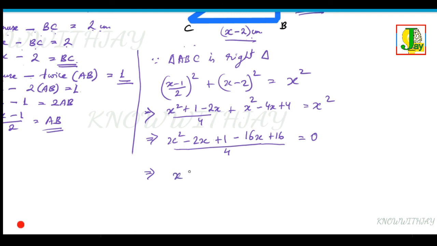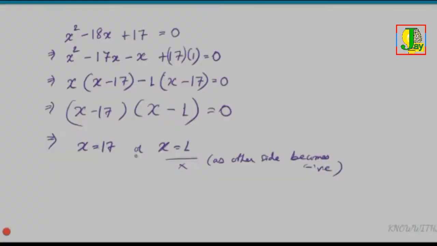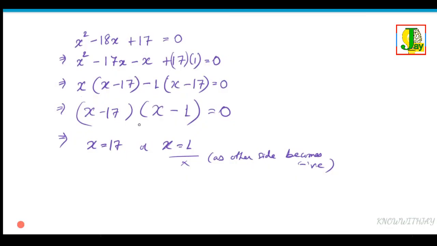That's x squared minus 2x minus 16x, minus 18x, 1 plus 16 is 17, 4 multiplied by 0 gets 0, x squared minus 18x. And this is the solution for that quadratic equation.